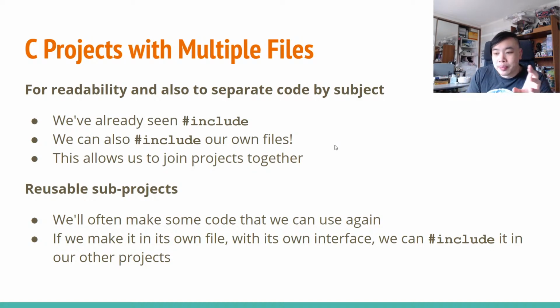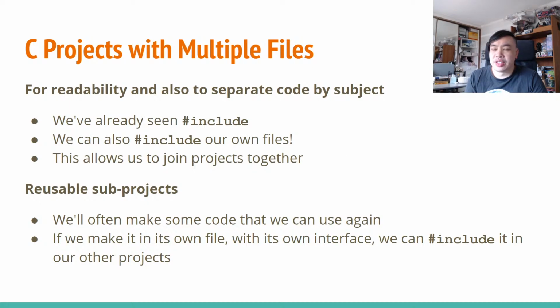But what we're going to do is learn about how we can put other files in with our code. And there's a lot of value in doing this, because sometimes it's really nice to separate our code by what it does. So, for example, when I was talking about structs and building a team of characters, I could have the characters in their own file.